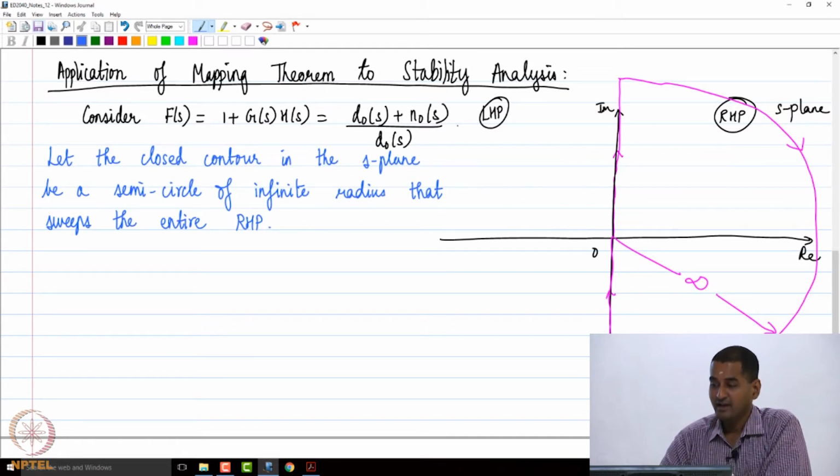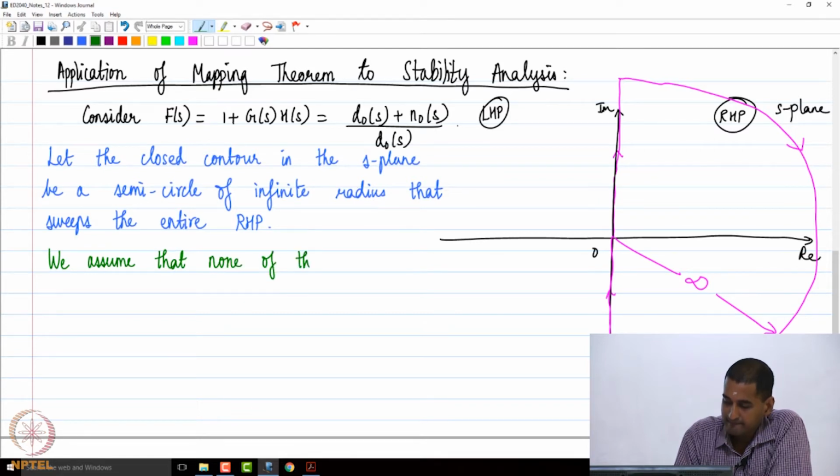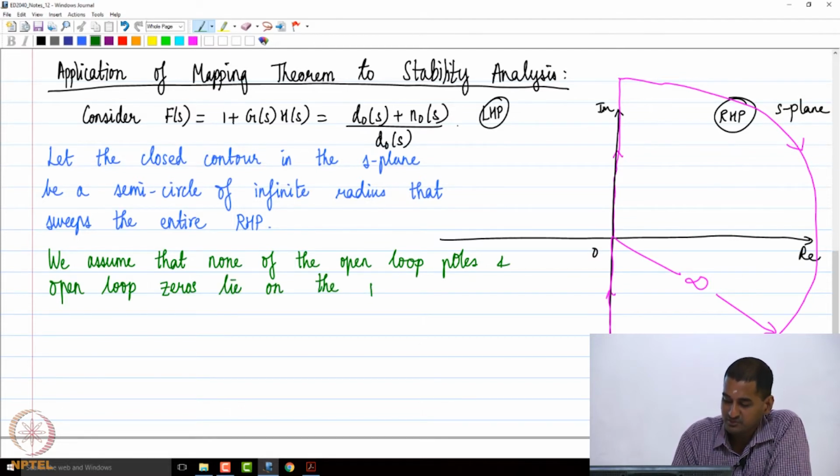If we assume, as a first step, that none of the open loop poles and open loop zeros lie on the j omega axis to begin with.